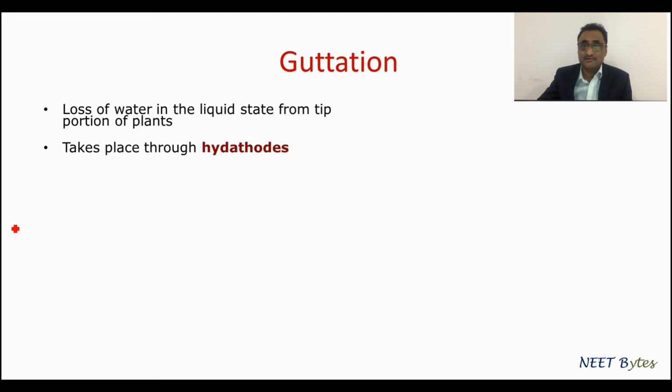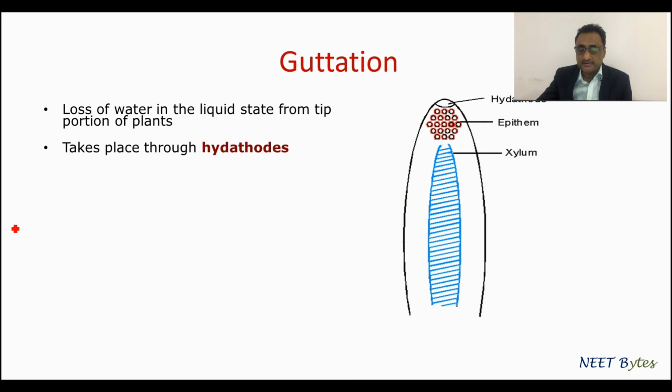So that's why it is not like a stomata. Just below the hydathode, there are cells called epithem. Mind it, epithem may or may not be present. Okay. And it is present just above the extension of the xylem tissue. Okay, you can see there. So whatever water is coming from the xylem is released from the hydathode in the form of droplets.